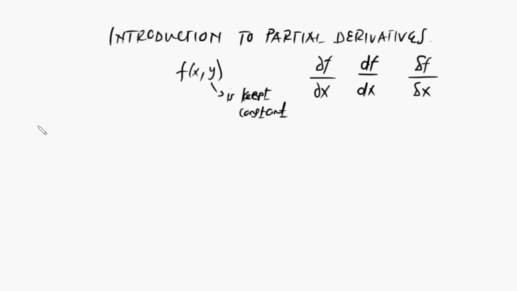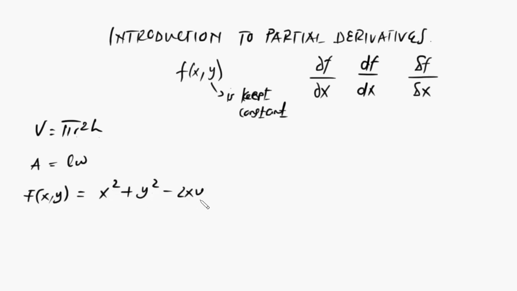So functions of several variables ni kama hii volume of a cylinder. You can see tuna r humo na tuna h. Au kama area of a rectangle tuna l na tuna w. Au kama labda hii function f(x,y) ambapo tuna x squared plus y squared minus 2xy. Kwa tuna variable mbili, tuna x na tuna y.